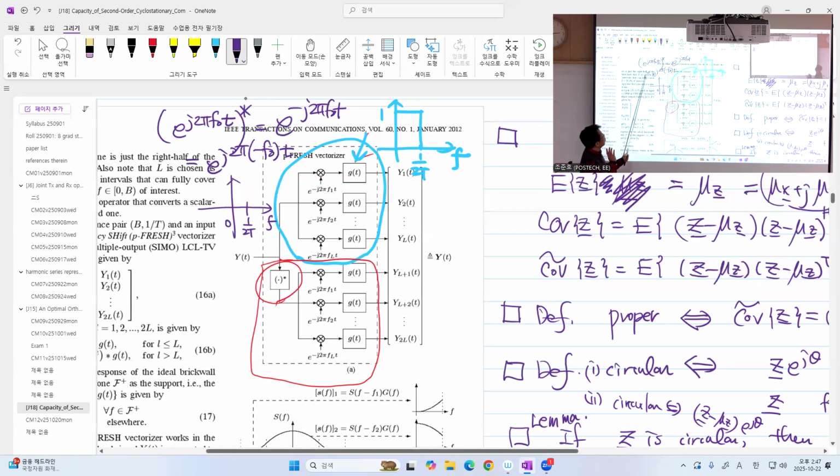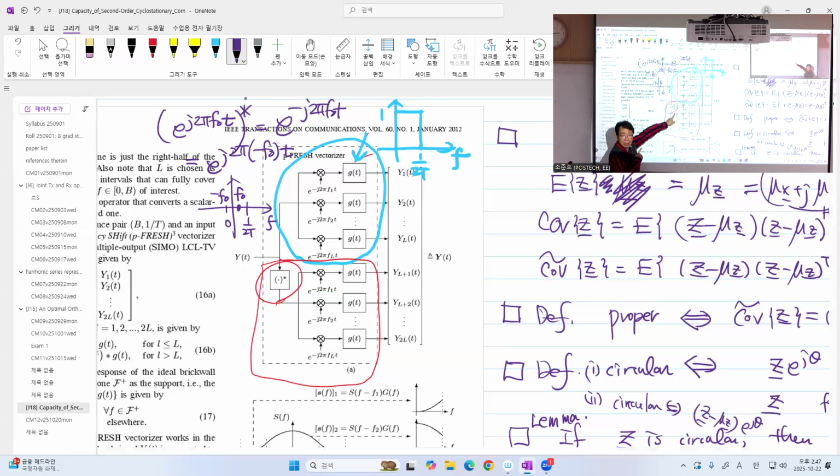So if you take the conjugation, what happens? Actually, your original component at f0 after conjugation appears at negative f0. So your original signal component here inside this band 0 to 1 over T now appears here at negative f1. So here at the output of the conjugator, now what you have here.